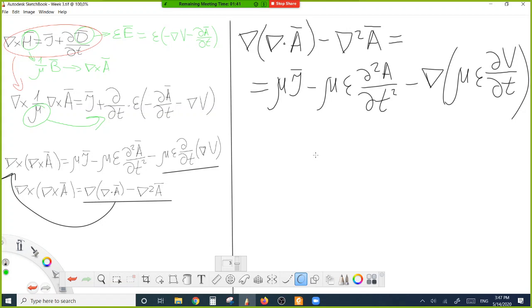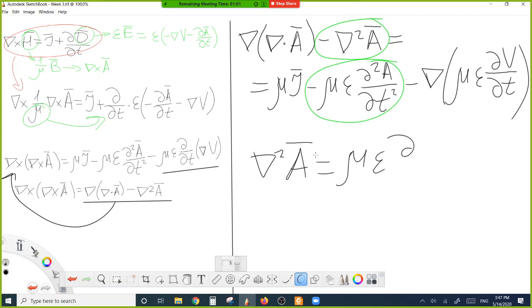I mean, the Laplacian of vector field A involves a double derivative, and on the right hand side we have a double derivative in this term, and we expect that these terms are equal, d squared A over dt squared.